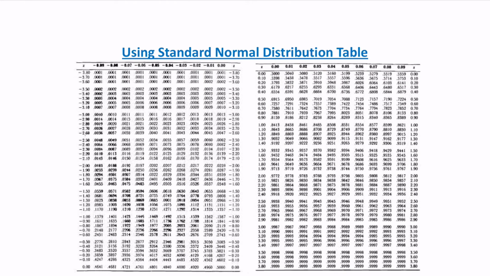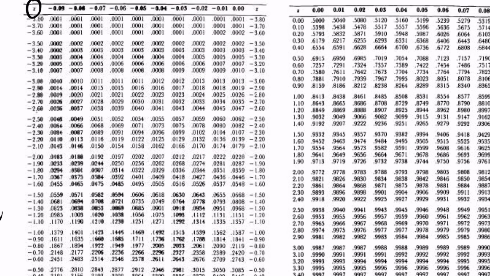Now, to find the values of the probabilities, we use the standard normal distribution table. So this is the table. In this table, the first column contains the z values. So these are all the z values that you have. And on the row part, you have the second decimal.